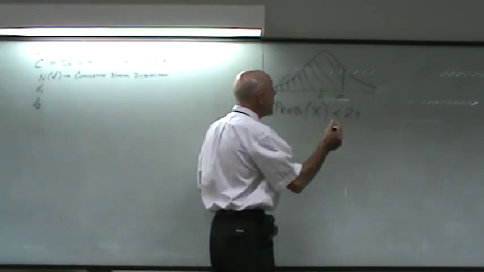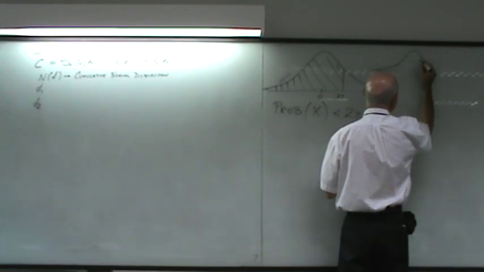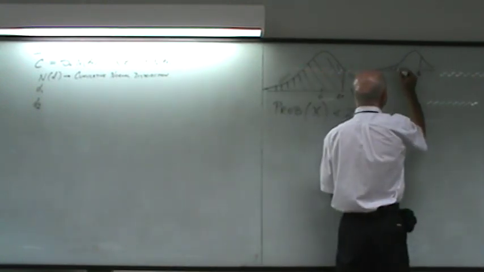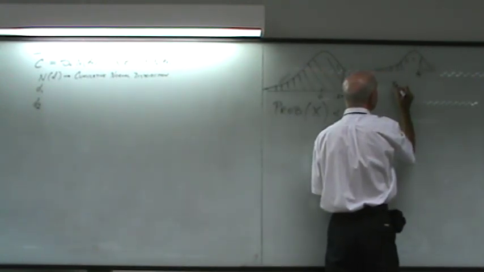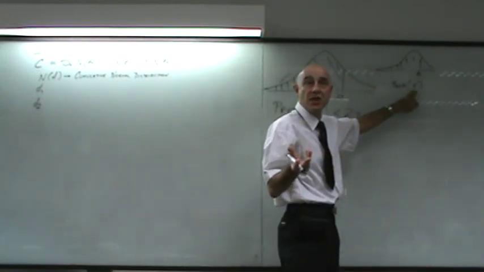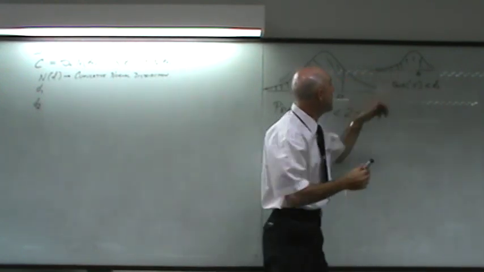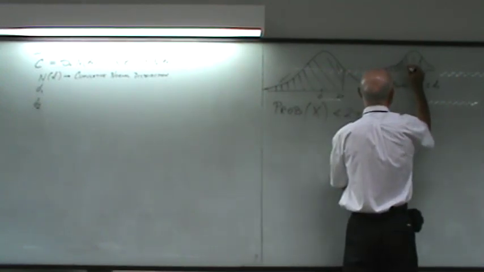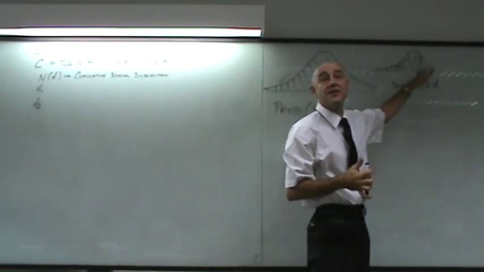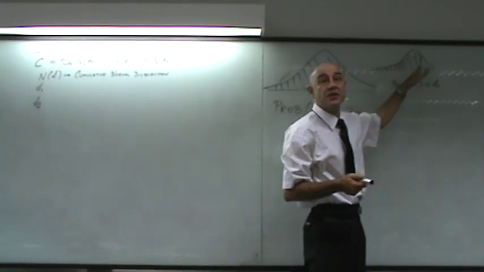Okay. So in our case, if this is D1, it simply is the probability that X, in our case the price of the stock, will be less than D1. That's it. It tells you the probability to the left of the variable. This is the cumulative distribution.